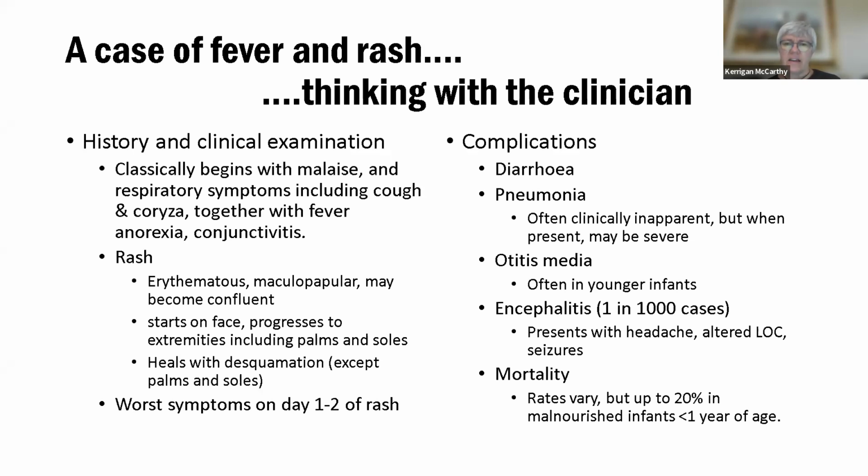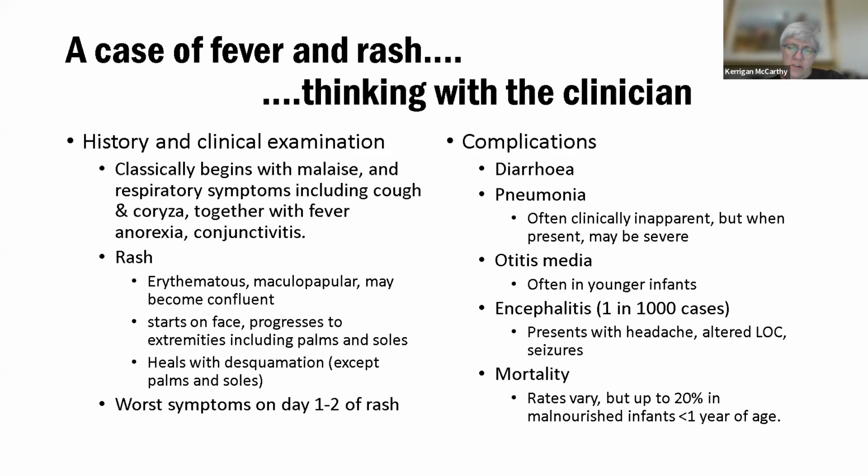And then really, 1 in 1,000 children may develop encephalitis, which will present with a headache, sometimes an altered level of consciousness and seizures. Measles is very unusually complicated by death. However, in children or adults who have a predisposition to severe measles, mortality rates can be as high as 20% in specific cohorts.